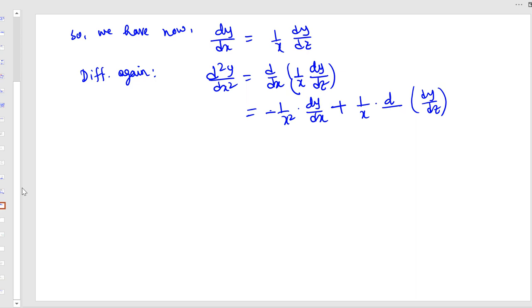For this you can write d dz into dz dx. You can write it, and then you will simplify it.